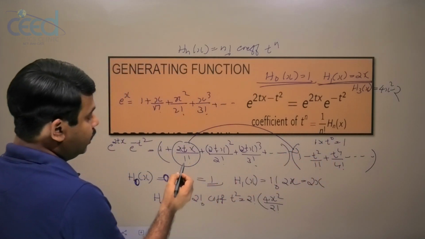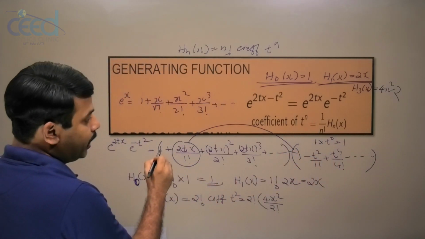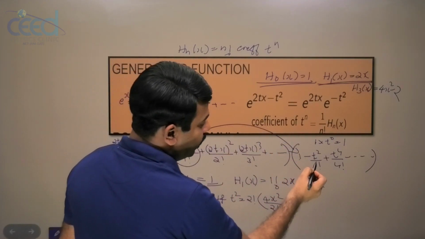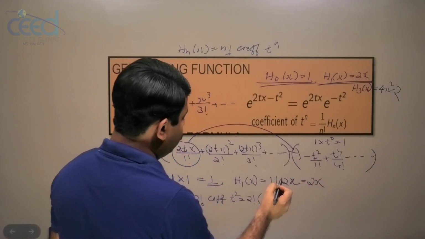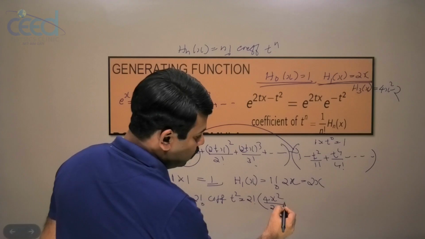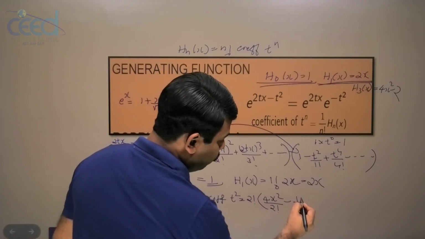Now look here, by multiplying 1 with this minus t square by 1 factorial, you get another coefficient of t square. What is that? 1 only, right? Minus 1, then minus 1 by 1 factorial.